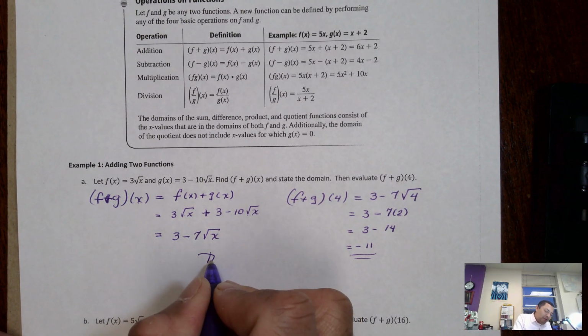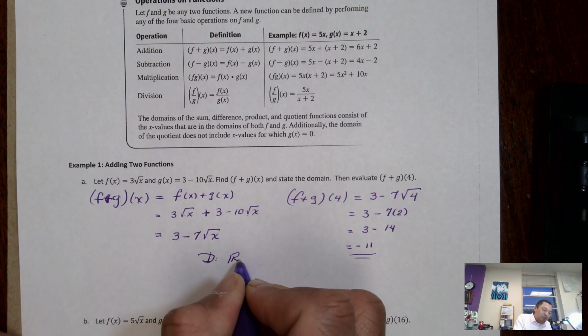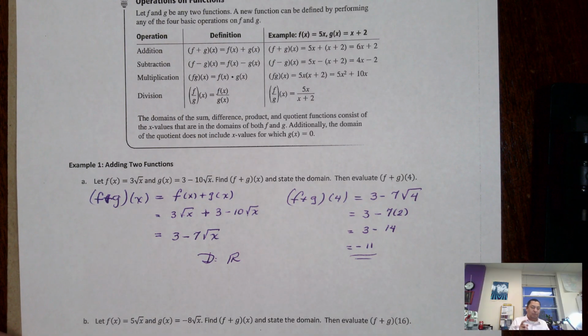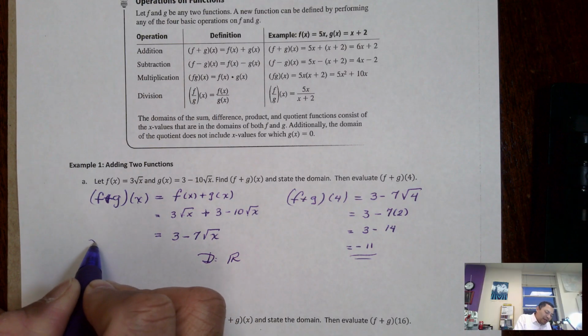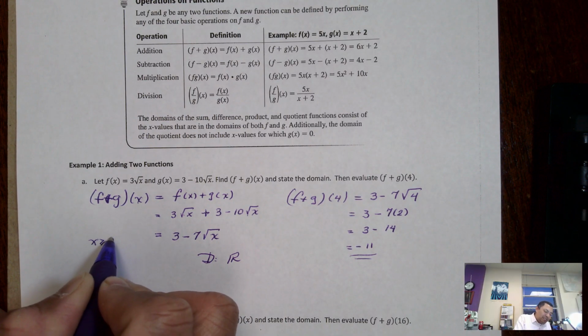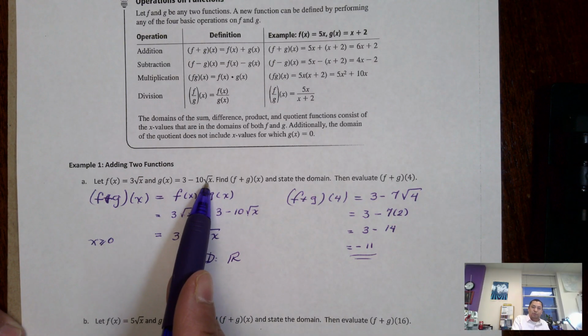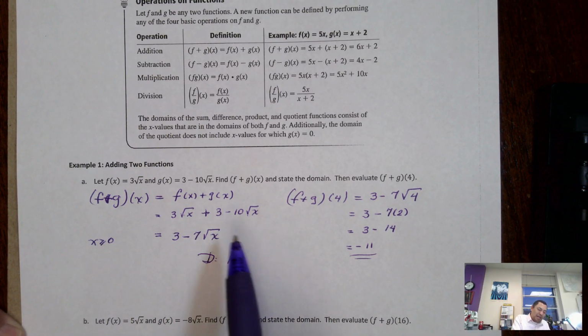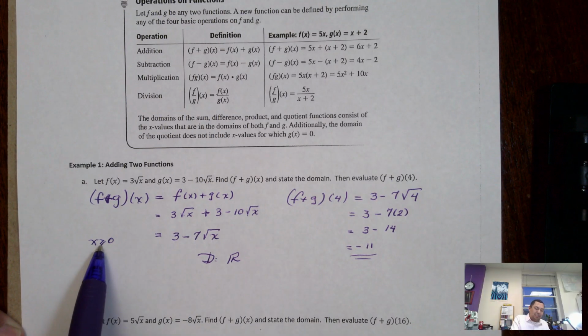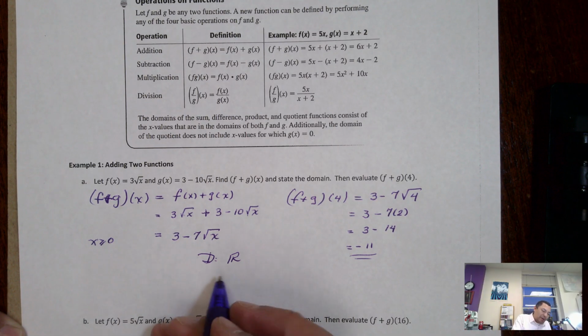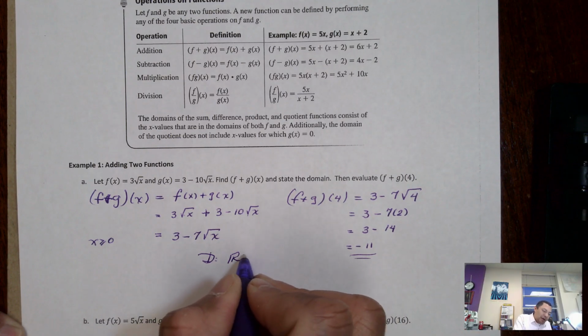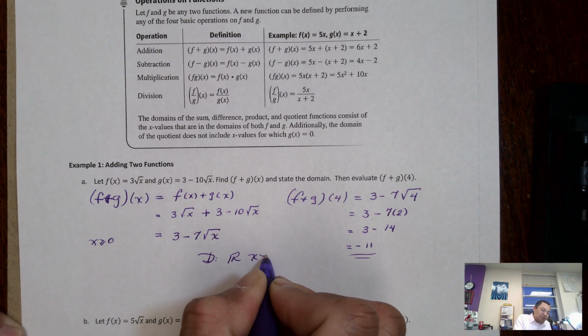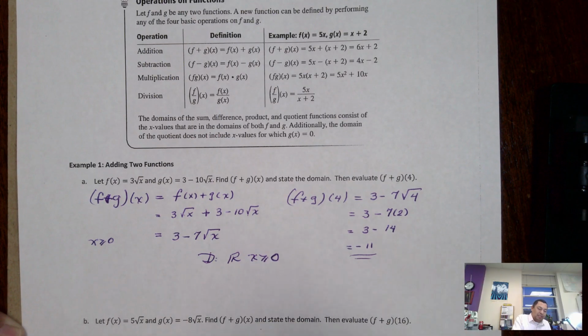Last one will be the domain. So the domain of the function is all real numbers. And because we have a radical, we're going to do x is greater than or equal to 0 because I have the square root of x. So in this case, the square root of x, x is greater than or equal to 0. So the domain is all real numbers when x is greater than or equal to 0.